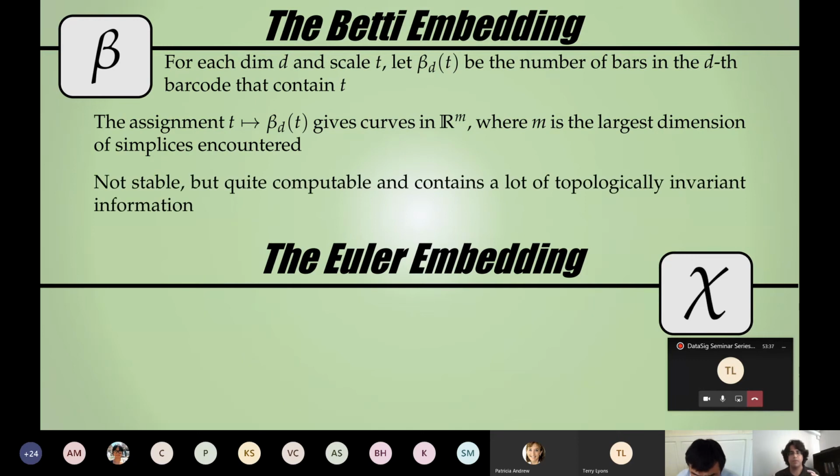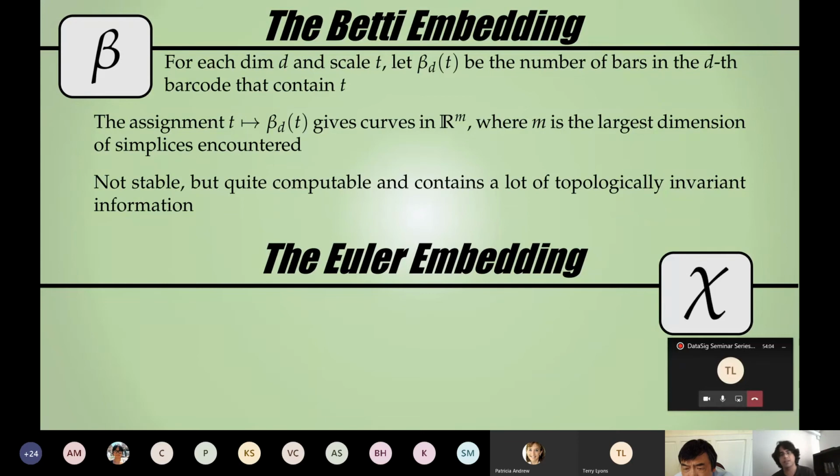This is not stable, but it's extremely computable, and it contains a lot of the interesting level-wise information. At each t, it gives you all the shape information that you'd like: the number of connected components, the number of holes, etc. And so Betti 0 of t is literally the curve that, when you thicken the data set or your metric space by t, counts how many components it has.